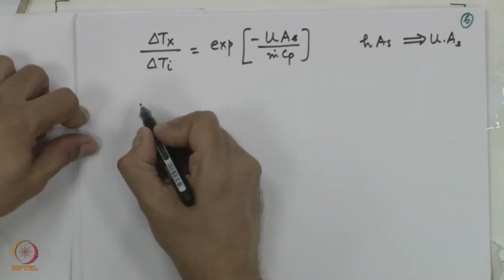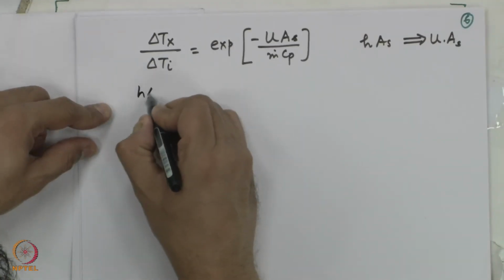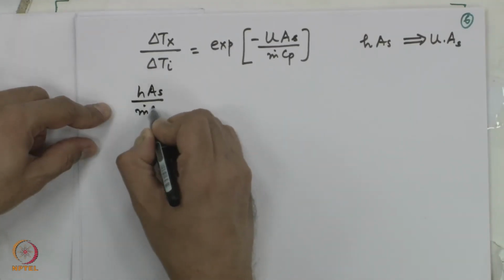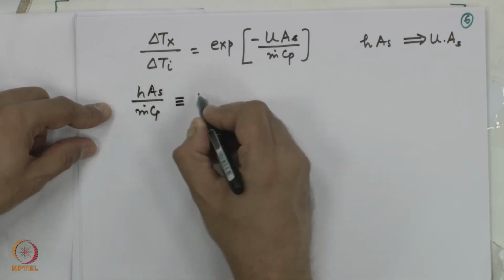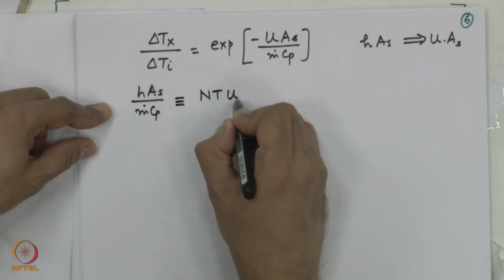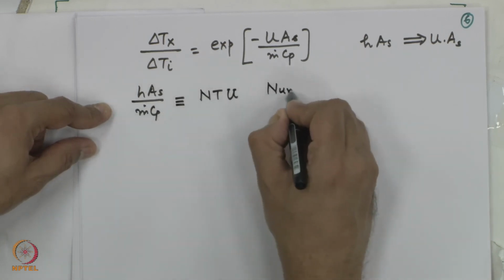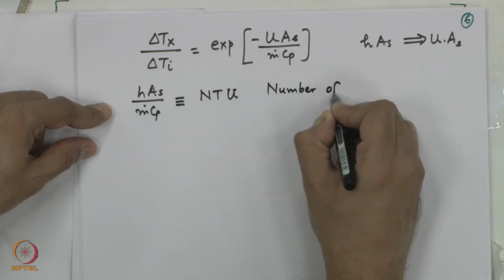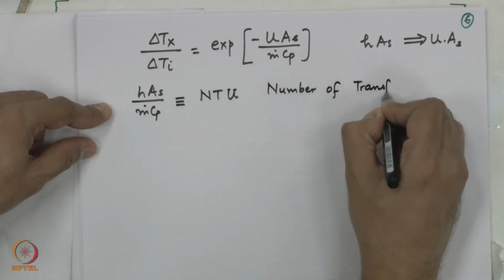This quantity hAs by m dot Cp has a very important name, which is called the number of transfer units. Number of transfer units.